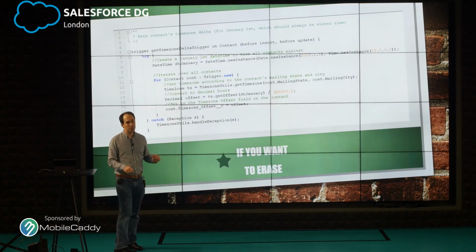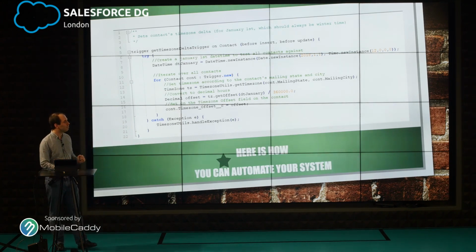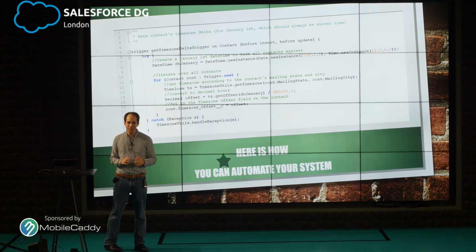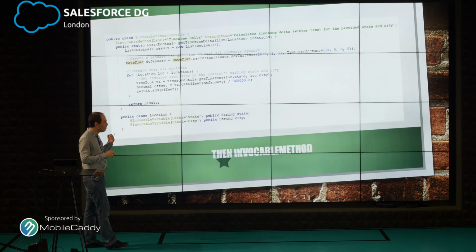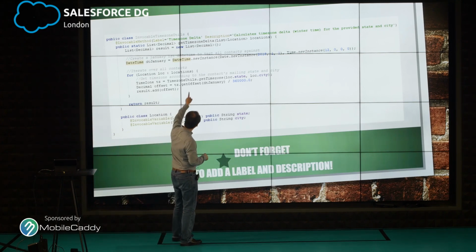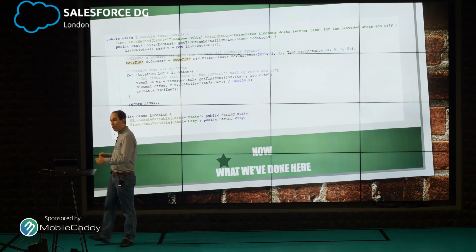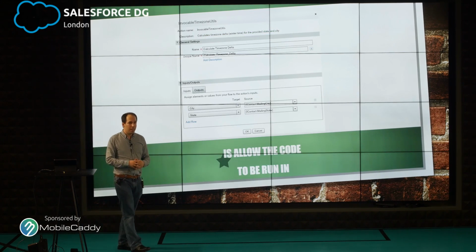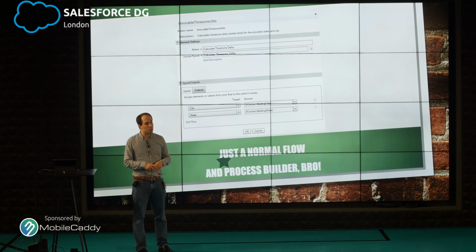If you want to erase that trigger from your code base, you can automate your system. Put an at the top, then invocable method. Don't forget to add a label and description. Now, what we've done here is allow the code to be running, just a normal flow, and process builder.